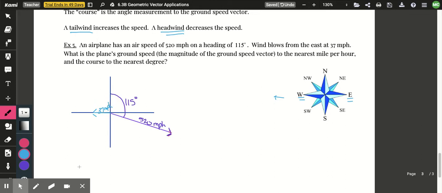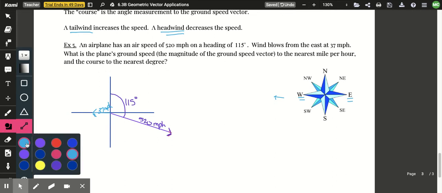Now with that one, they did not give me an angle because it is blowing to the west, so I don't really need an angle. If I did need one from due north, I could say that that's negative 90, or I could say it's a positive 270 degrees. Anyhow, I need to add these two vectors together so I can find my ground speed vector.